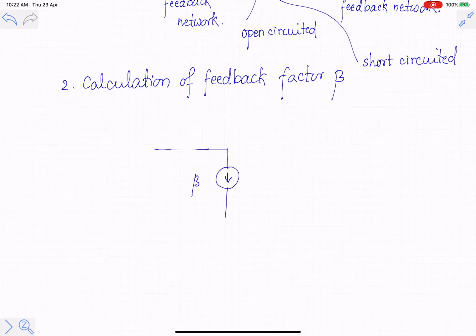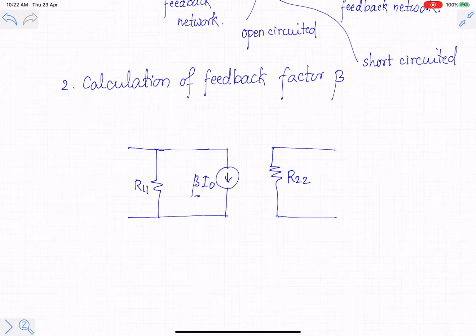This is beta into I0. This is R11, and on this side this is R22. We have to find beta, so we should know what is I0.